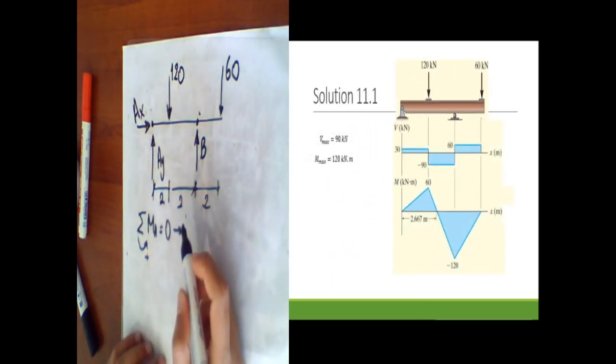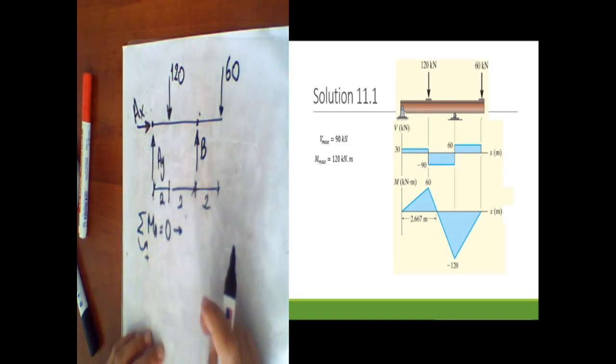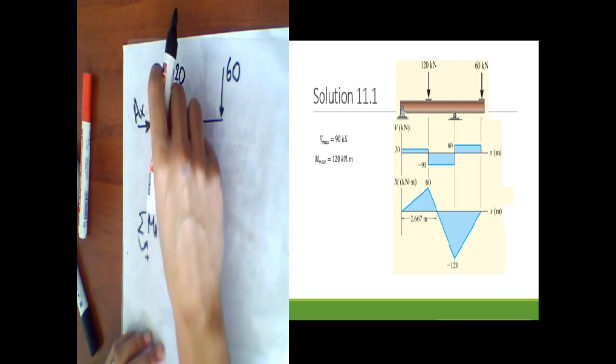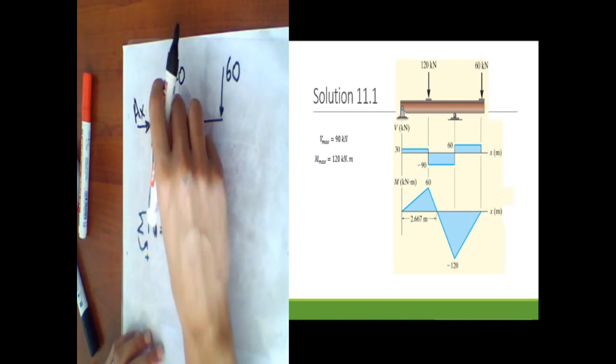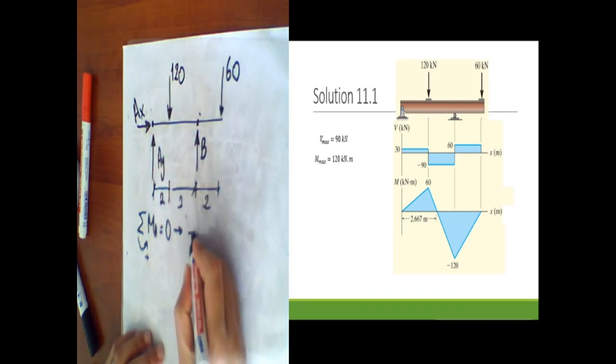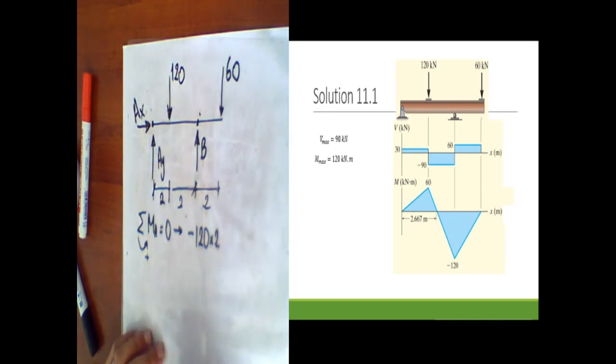Sigma MA is equal to 0, taking counterclockwise. AX and AY don't produce any moment about point A, so we start from the 120, which produces a negative moment: minus 120 times 2.